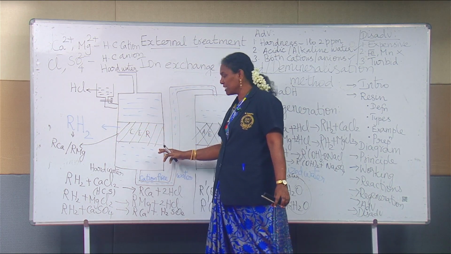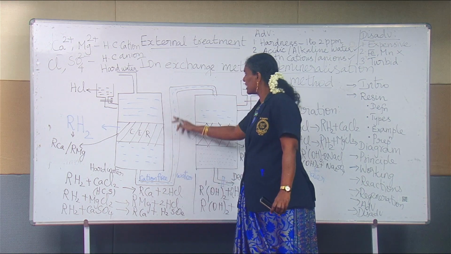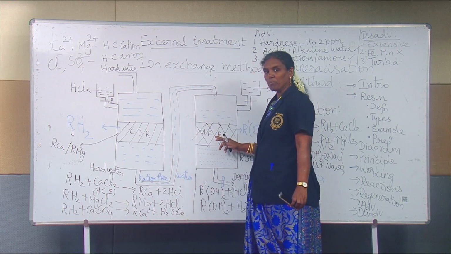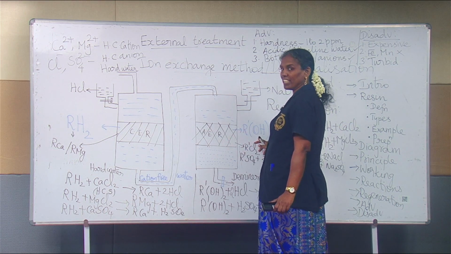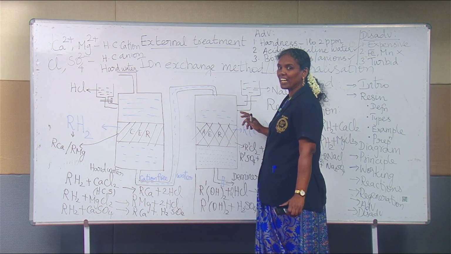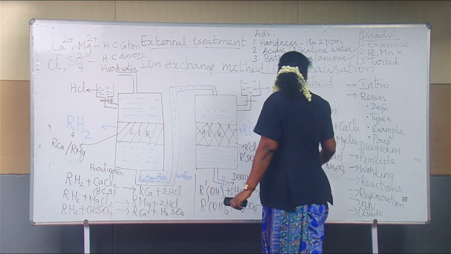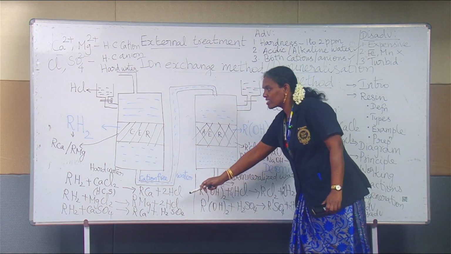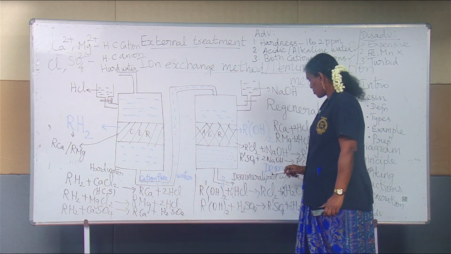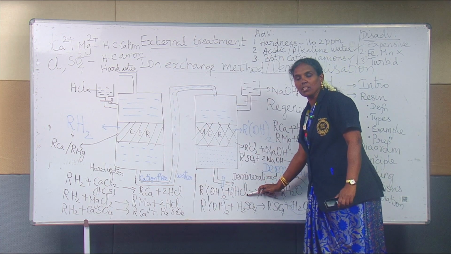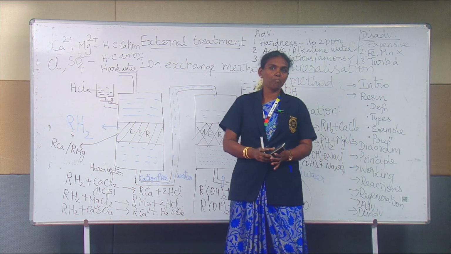The cation-free water then enters the anion exchange bed, where all the anions are exchanged by the OH minus ions present in the anion exchange resin. The reaction is given here. This is the reaction that takes place in the cation exchange resin bed, and this is the reaction in the anion exchange resin bed. On prolonged use, what will happen?